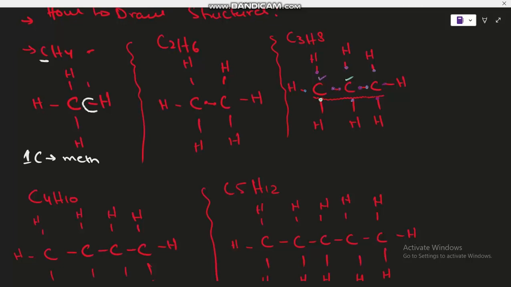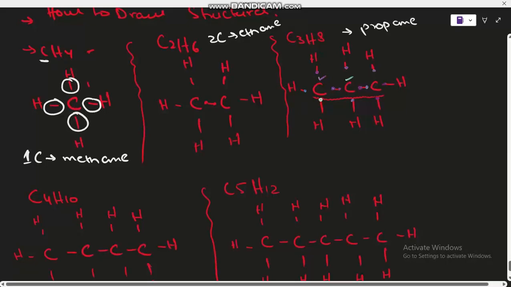And since there are all single bonds here, you know that this is going to be the homologous series of alkanes. So this is methane. In a similar fashion, here the number of carbon atoms is 2, which means this is eth, and since it has all single bonds, this is ethane. Here the number of carbon atoms is 3, so this makes it prop, and since there are all single bonds, this makes it propane.